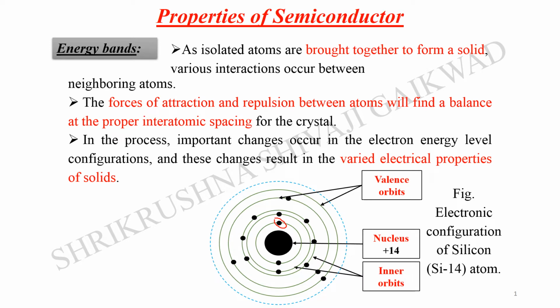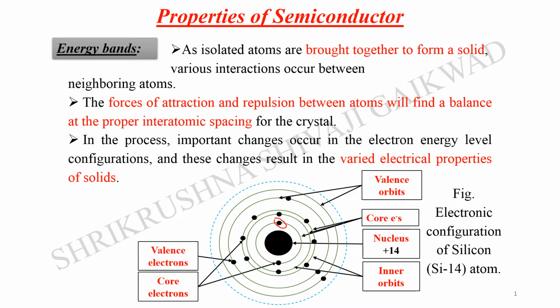The electrons present in the inner orbitals, completely filled in those orbitals, are called core electrons. Then the electrons present in the outermost shell are called valence electrons.